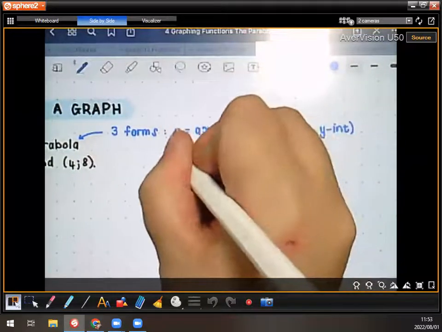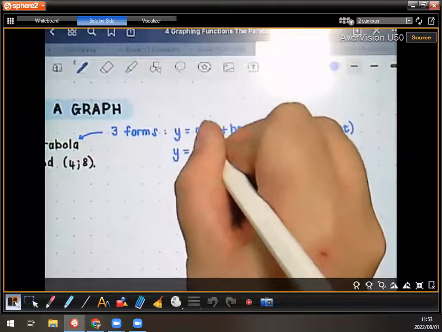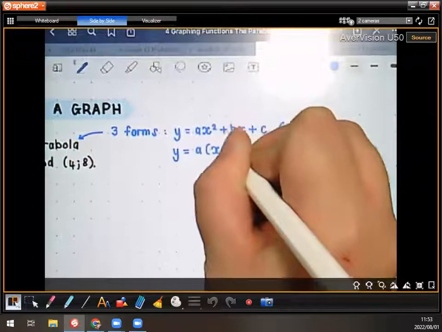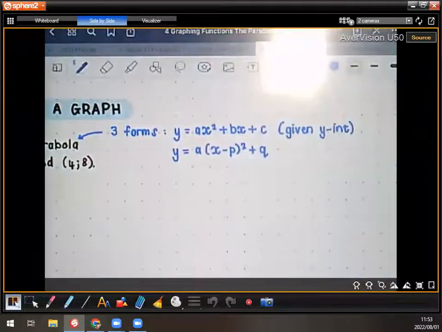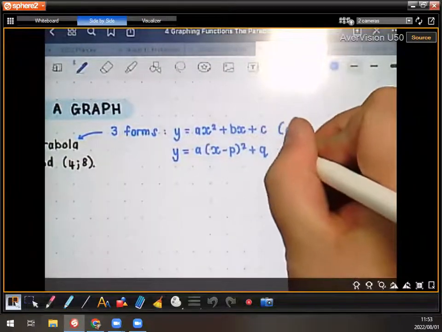The other form that we had was turning point form. And surprise, surprise, if they gave you the turning point, you're going to have to use this form.